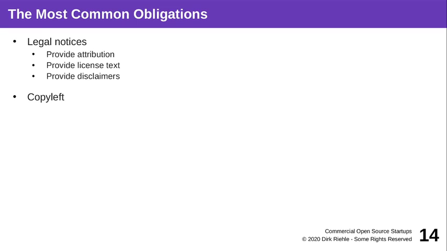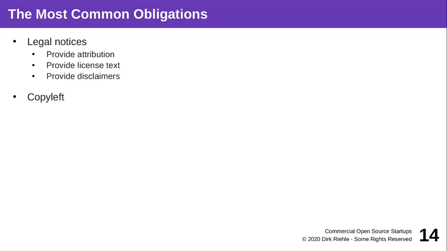And there's a lot of variation in these obligations. There is one specific obligation that for the longest time has held open source back, because foes of open source argued that it's trying to destroy commerce, and that is the copyleft clause.